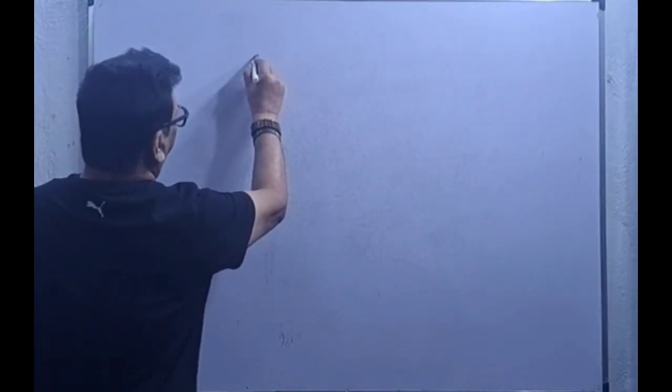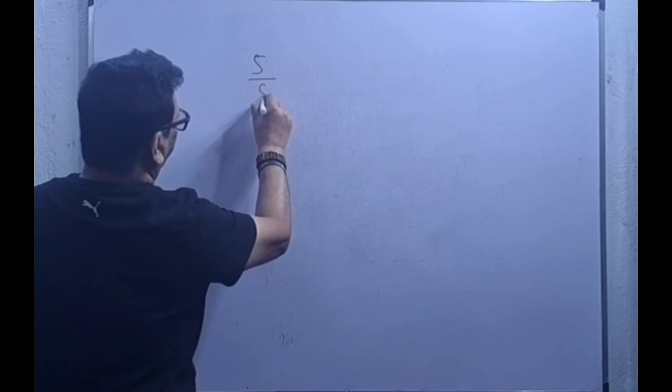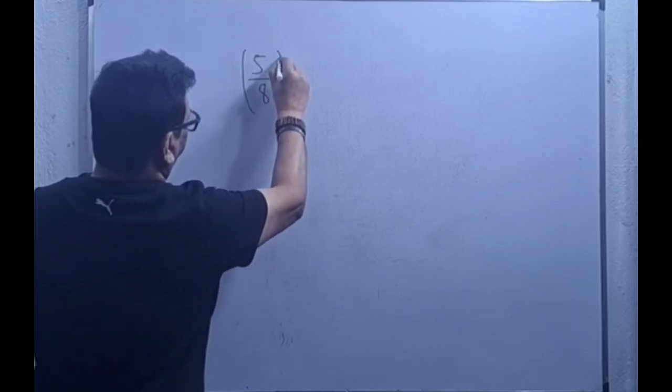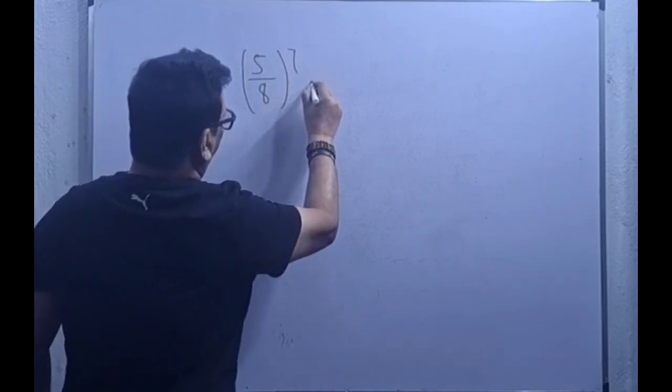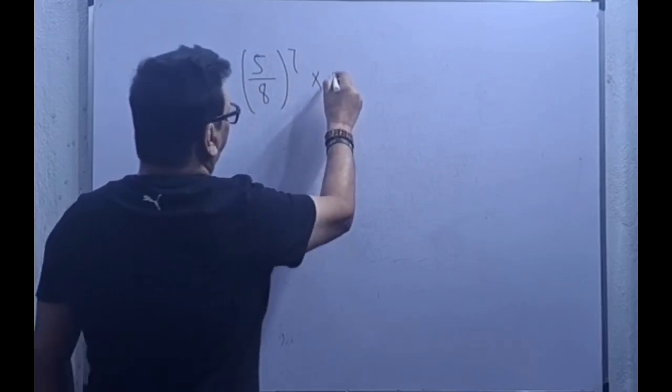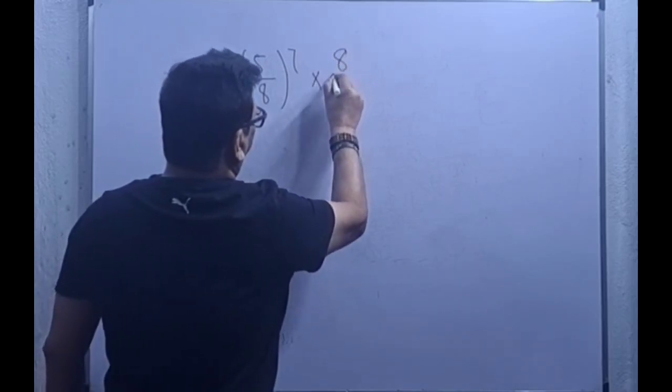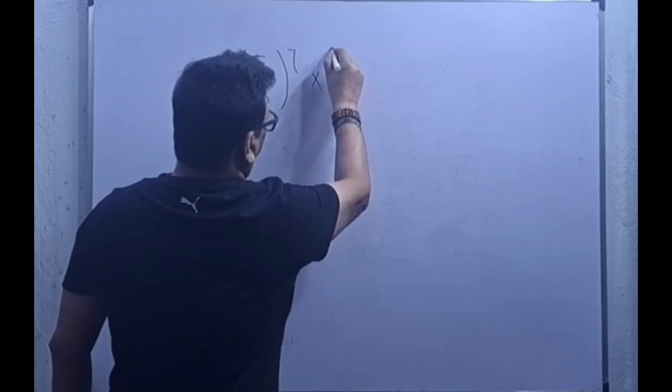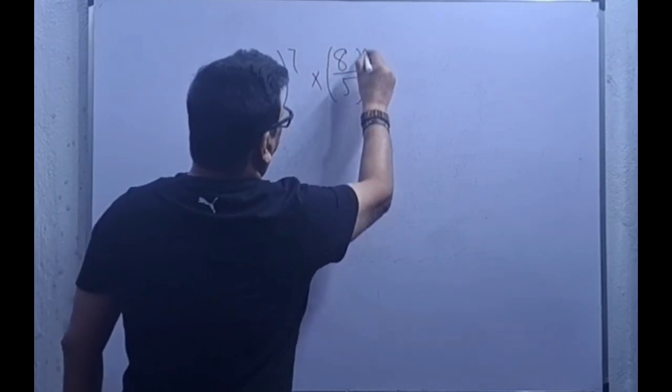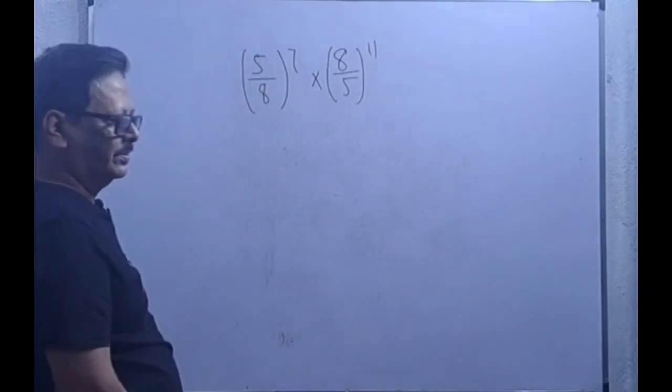Now why all this? Suppose we have a problem like 5 by 8 to the power of 7 multiplied by 8 by 5 to the power of 11, correct?